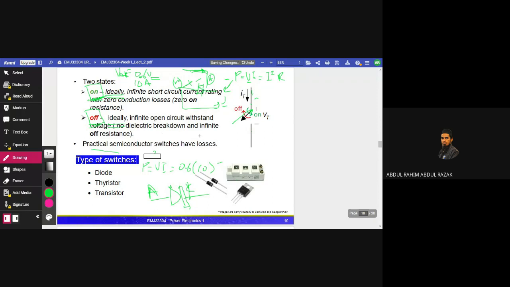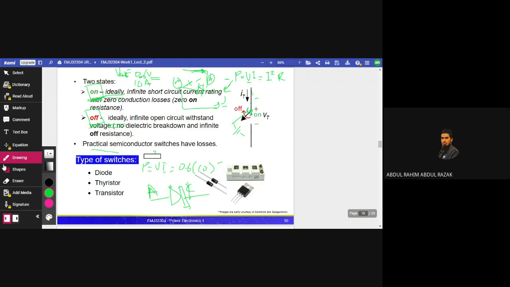No dielectric breakdown, meaning no capacitance between the on and off circuit, between the two lines. It's totally on and totally off. No resistance, no voltage breakdown, no dielectric contact between the two circuits.